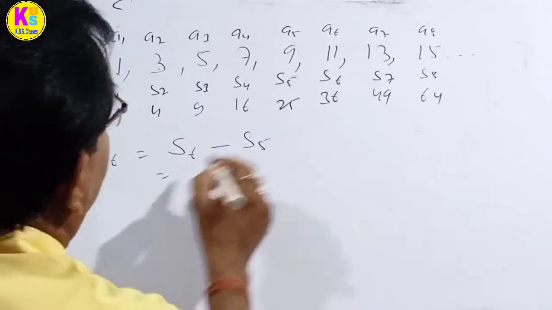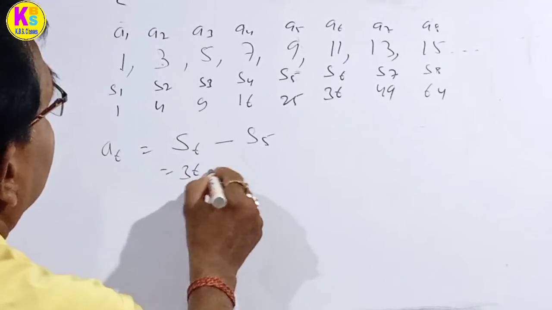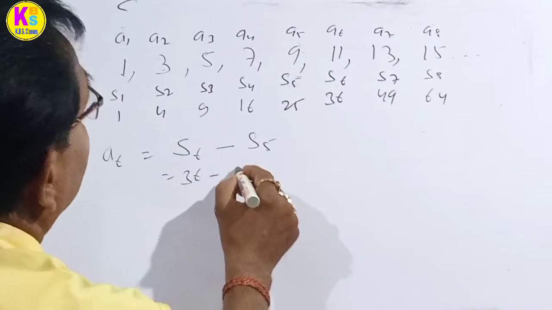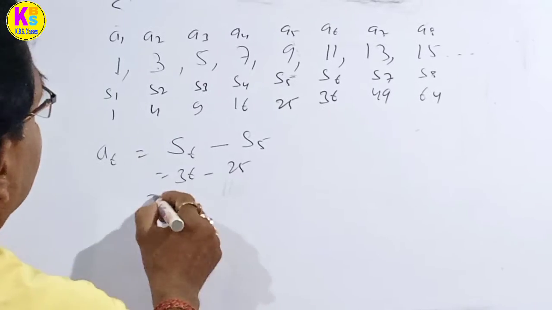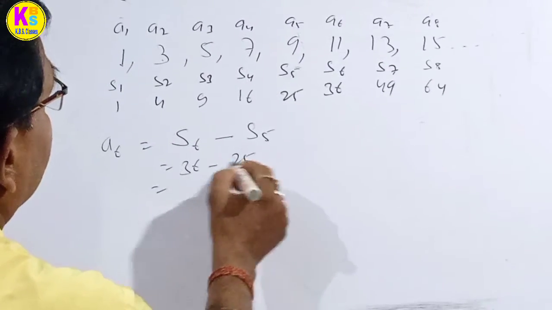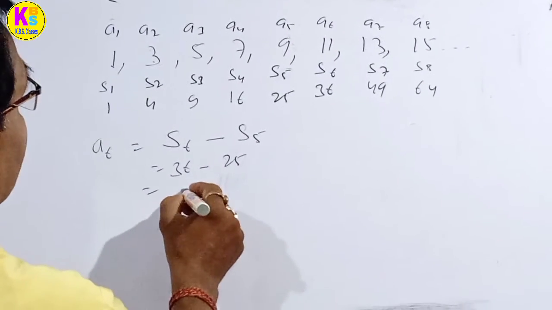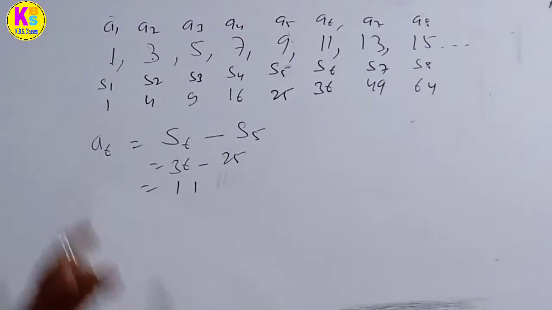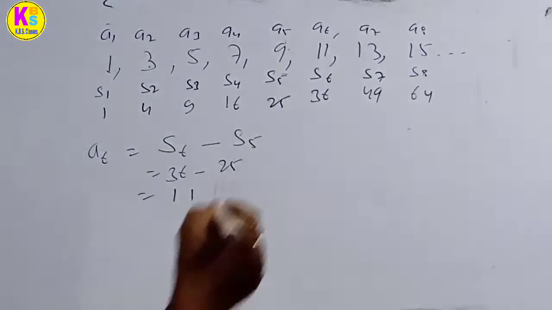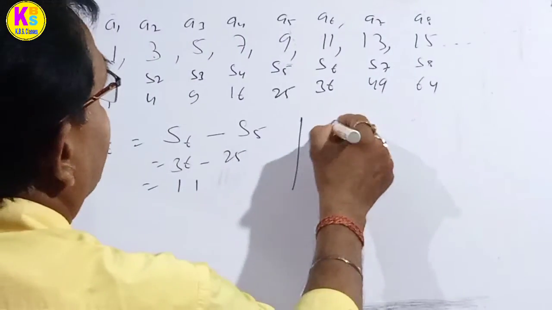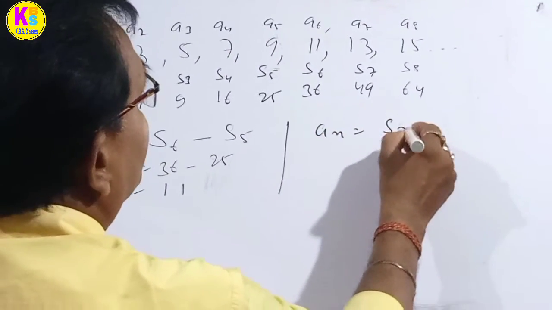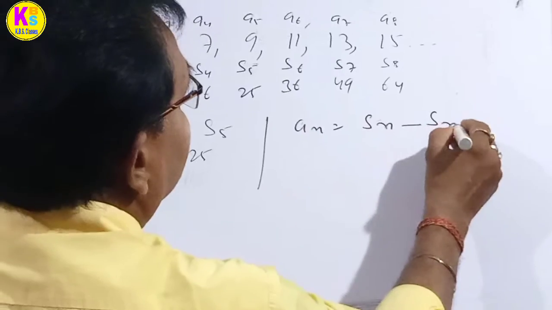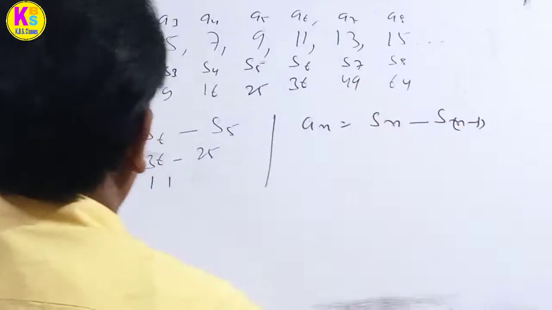What is S6? 36, minus S5, 25. Subtracting this, what do you get? 11. So here the sixth term is 11. Therefore the formula we have is An is equal to Sn minus S(n minus 1).